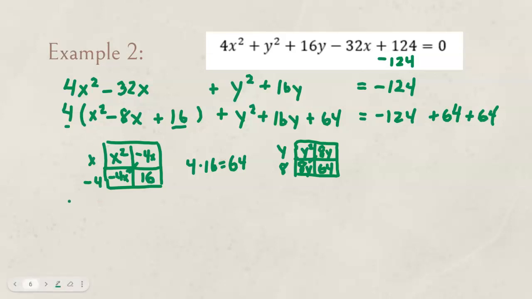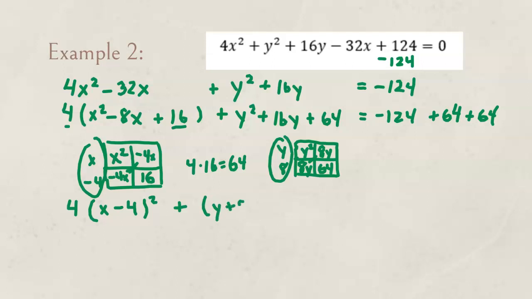So my new equation is going to be 4 times x minus 4 squared, because those are my dimensions, plus y plus 8 squared, because those are my dimensions. And then I'm going to combine these together. I have 128 minus 124, and that would be positive 4. Now remember, with an ellipse, you always want your equation to be equal to 1. So we're going to divide both sides of this equation by 4 so that we can be equal to 1.